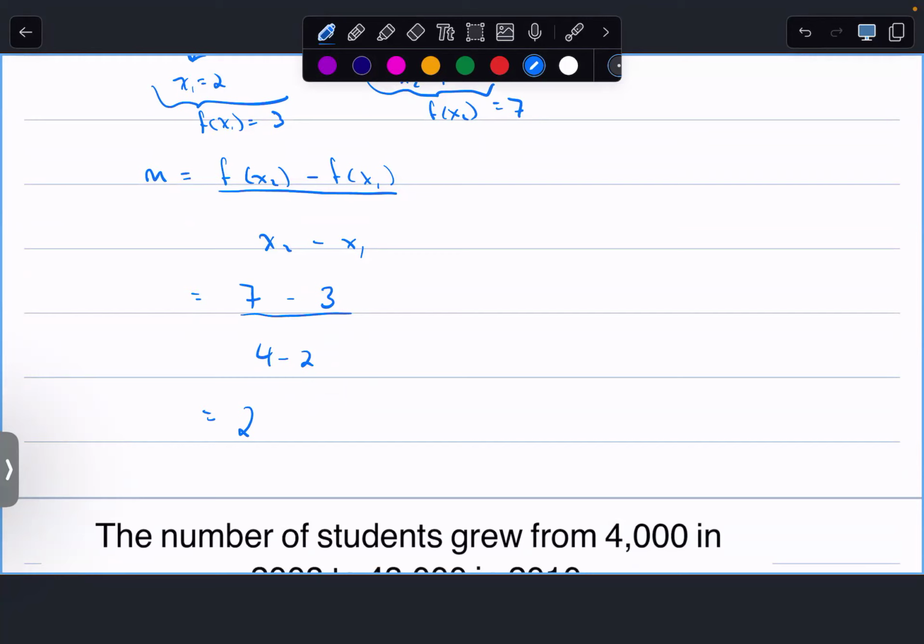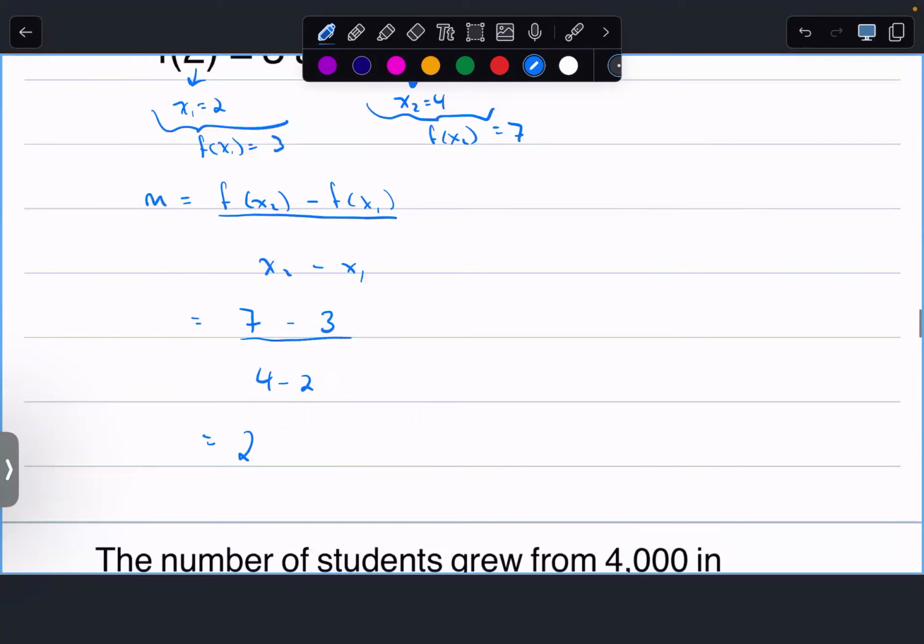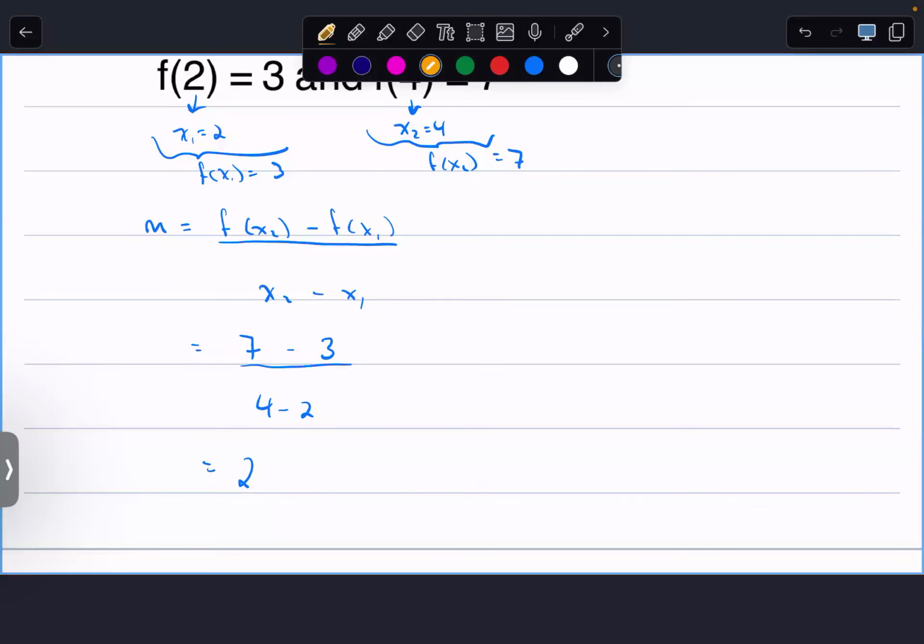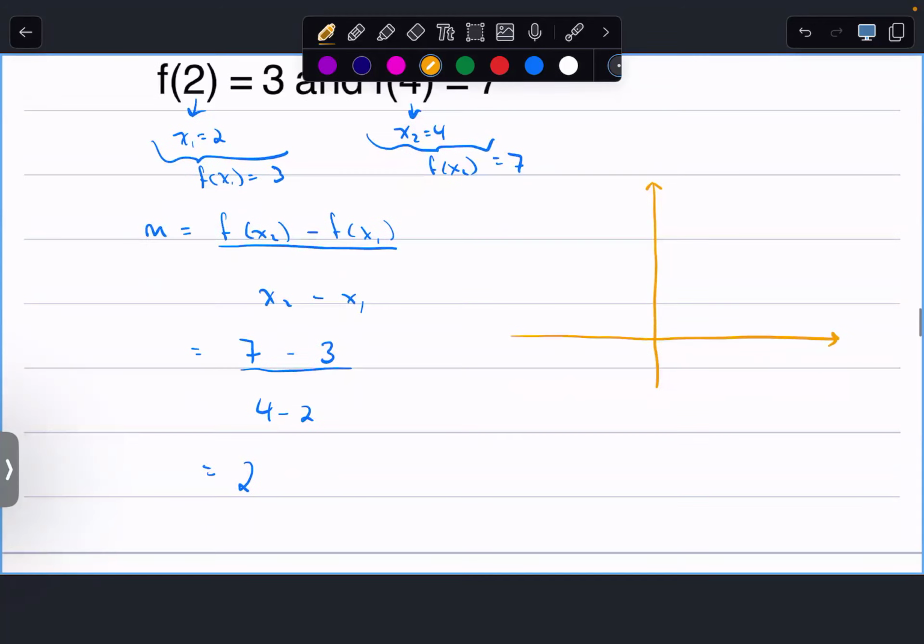It's a positive slope, right? You want to make sure that that makes sense. So let's do a little sketch just on the side. Just approximate. I don't need the negative axis, but I do need more positive axis.